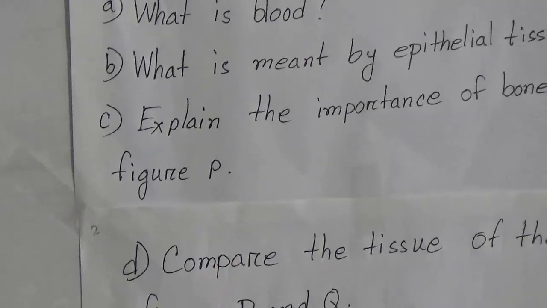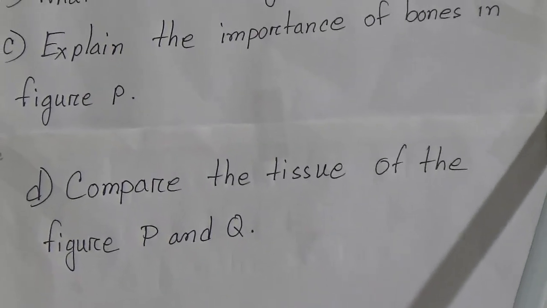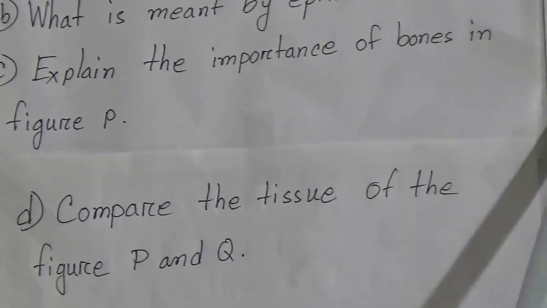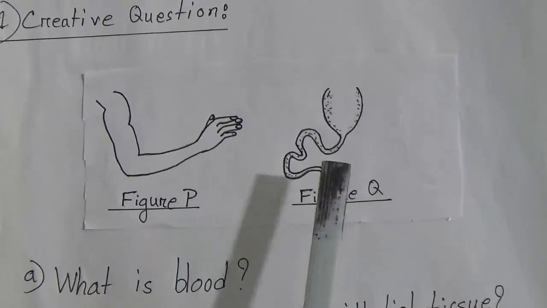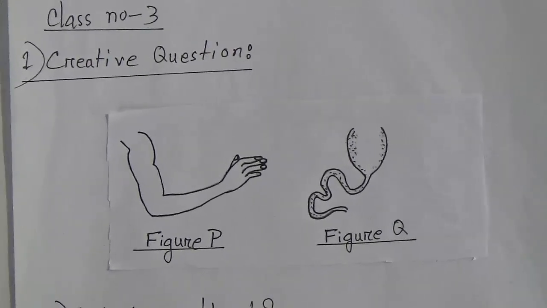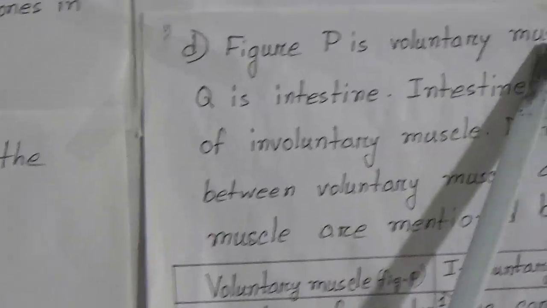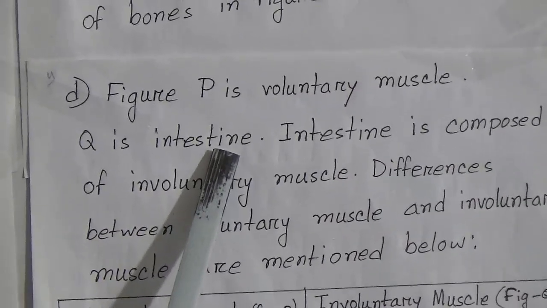Now the D answer. The D question was, compare the tissue of figure P and Q. That means figures P and Q. The answer will be, figure P is voluntary muscle, Q is intestine.